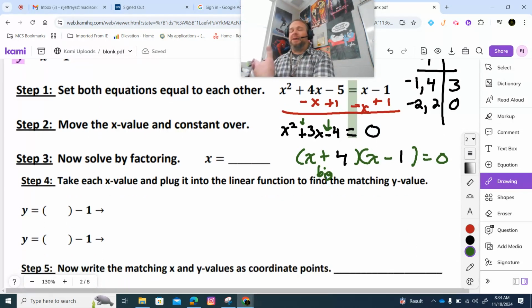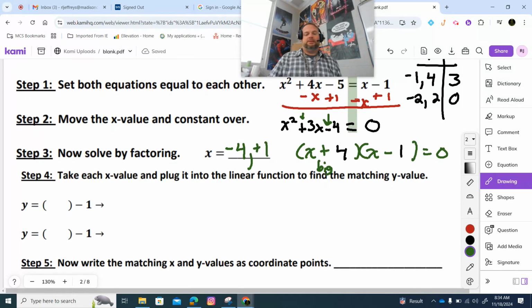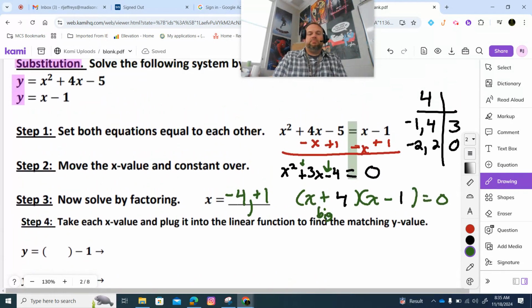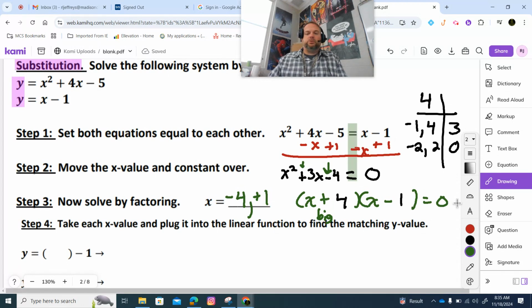Now, remember when we solve by factoring, what we did last week? We do the opposite of the parentheses. So what's the opposite of plus 4? Negative 4. Opposite of minus 1? Positive 1. Good. So what we did, we set them equal to each other.